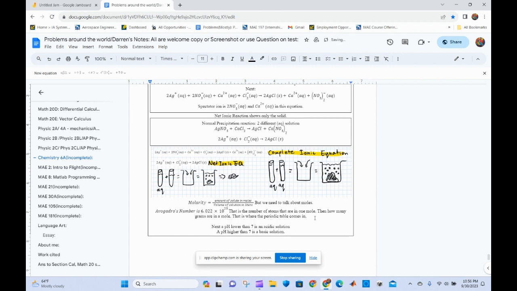So if I was given, let's just say, a random number of atoms, right? If I was to get 5.62 moles, actually that won't tell you anything.